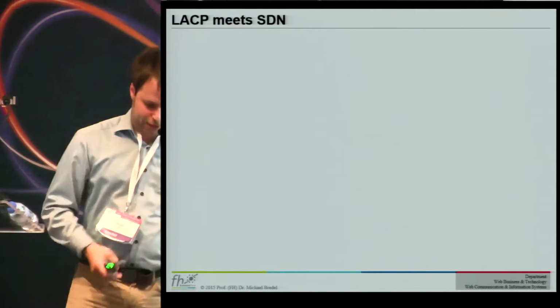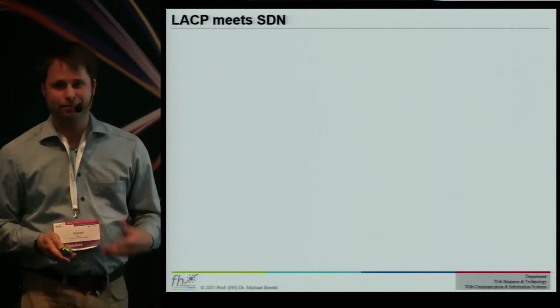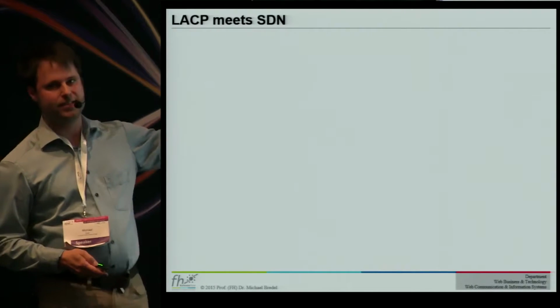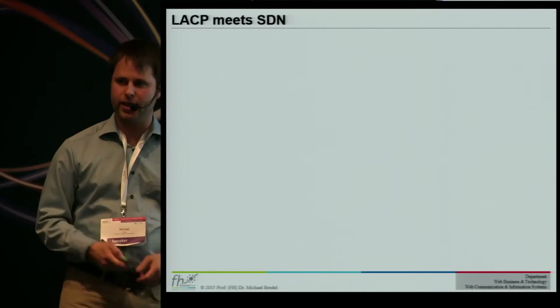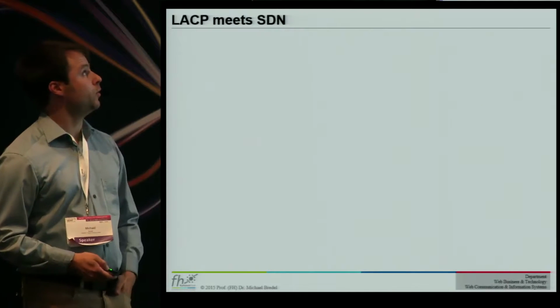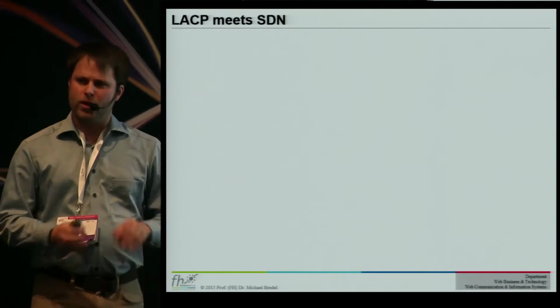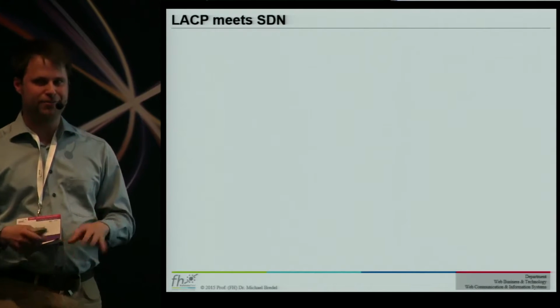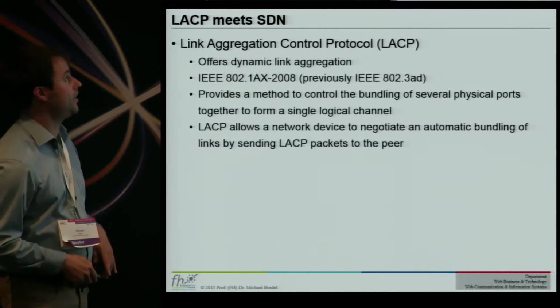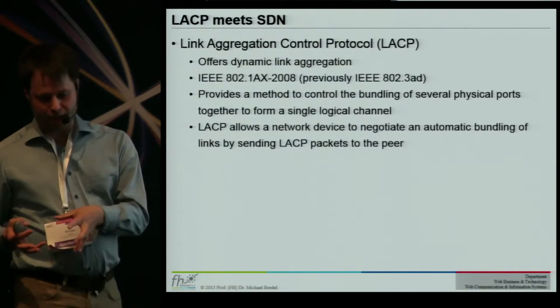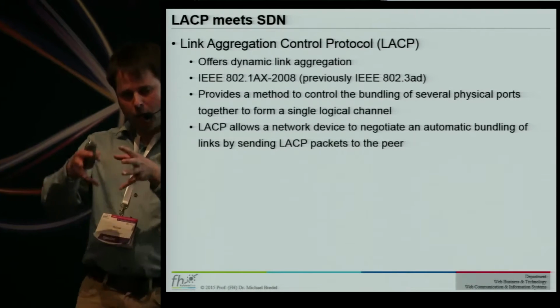So the title of that talk was LACP meets SDN. So that was basically a static link aggregation configuration we can do. What we actually intended to do, we are not really there yet, so we're still chasing some bugs, but the idea is basically to use the link aggregation control protocol, LACP, on the host.